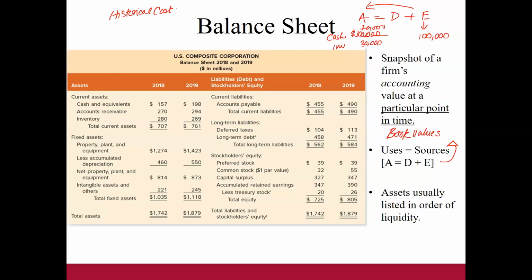And so that's basically why these are listed in this order. Inventory, again, if you wanted to sell it, you could sell it very close to their market value as well. So this is very, very important. Liquidity has two parts to it: how quickly you can convert an asset into cash without a significant loss of value. Okay, so bear that in mind.